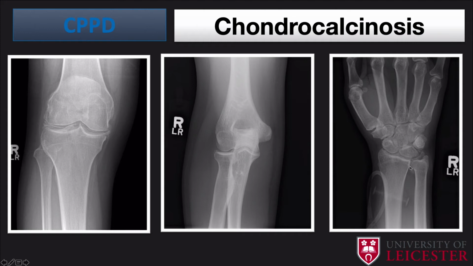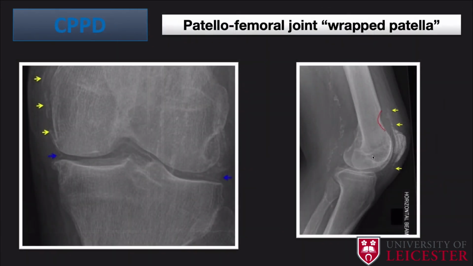But think of CPPD as an intra-articular phenomenon within the joint itself, and that's why it can lead to joint destruction and subsequent osteoarthritis. So in the patellofemoral joint, I'm just zooming in on the knee because these are quite atypical but interesting cases that you may see on the wards.